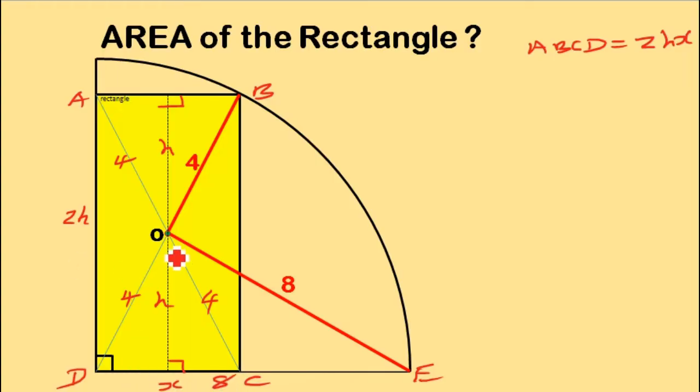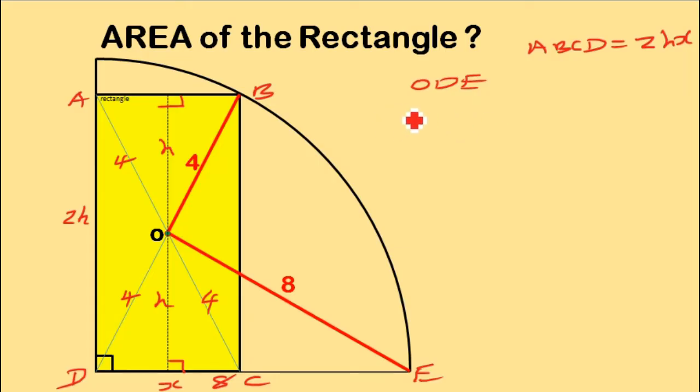So if you look at triangle ODE, we have 3 known sides. The side OD is 4, the side D to E is the radius, which is 8, and the side O to E is 8. So we can actually find the area of that triangle using Heron's formula.